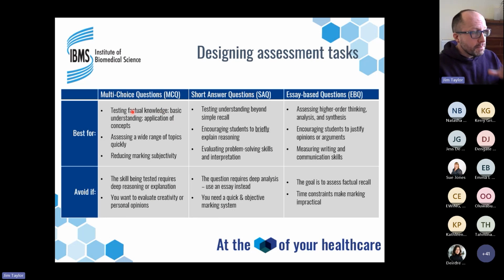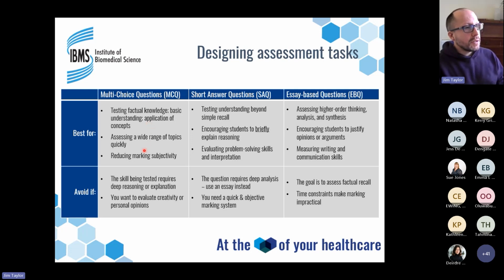Fundamentally, there is this misinterpretation that multiple choice questions only test basic factual knowledge. That's not true. Multiple choice questions can be used to test very high level advanced thinking and higher order learning, but they're much harder to write at that higher level.